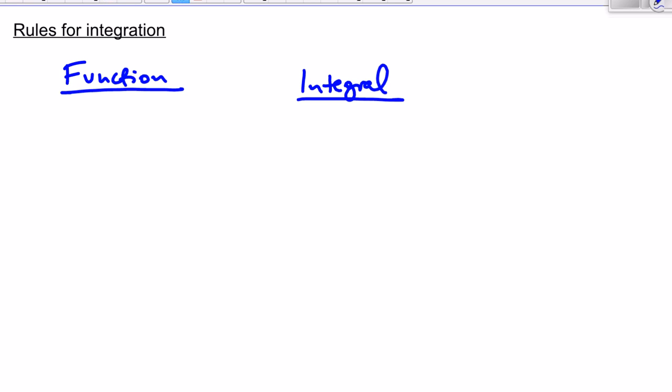Any constant k, I just organized this in something like a table. So any constant k, if you integrate it, you'll end up with kx plus c. Suppose you're integrating with respect to x, you'll end up with that.